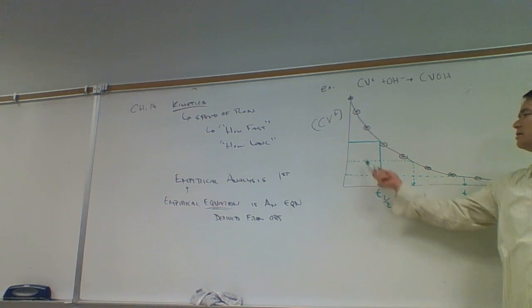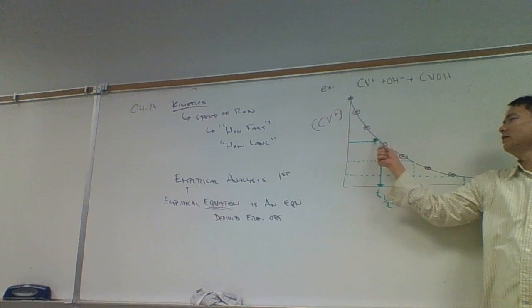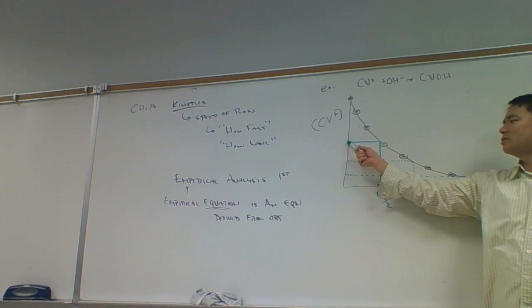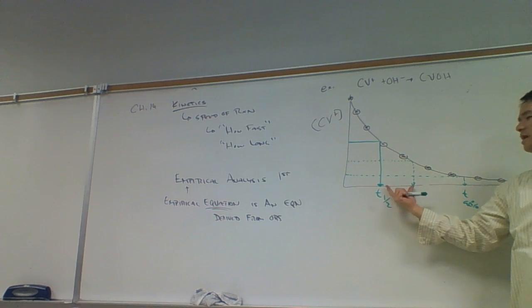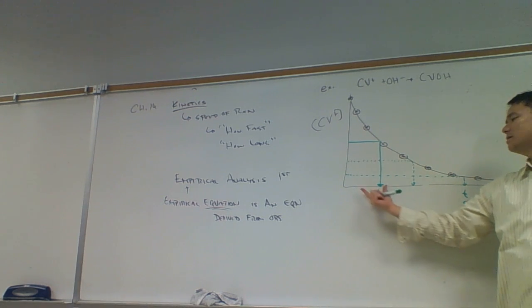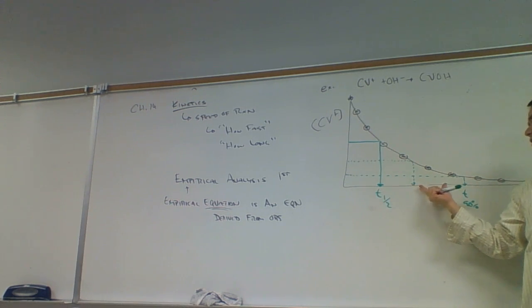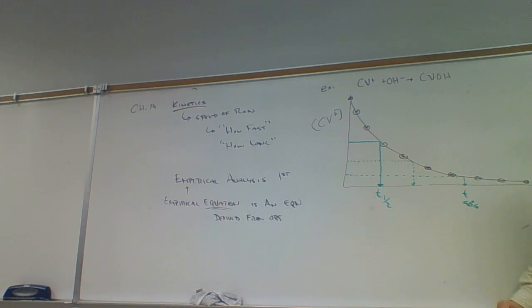And the pattern here is that, okay, we cut this in half, it takes this long. Now this is our new starting point. We cut it in half again, and we look how long it takes, and it takes the same period of time. So sometimes the T1 halves, in each interval, are the same. And that helps us look at patterns in the curve.